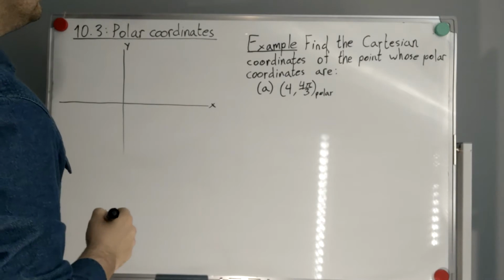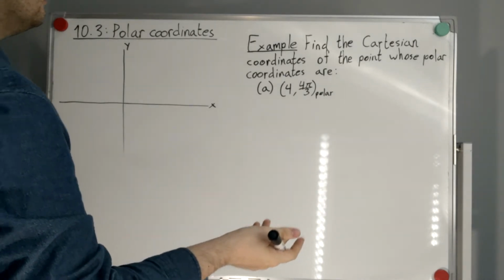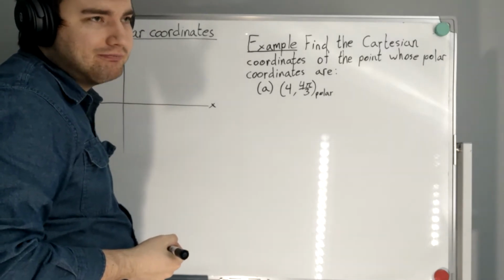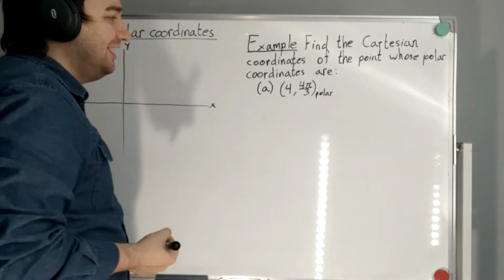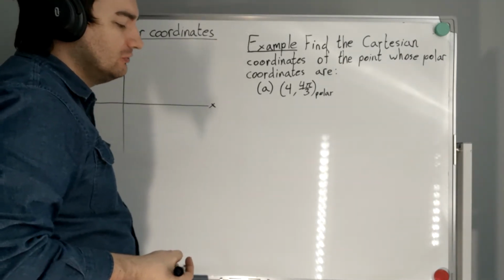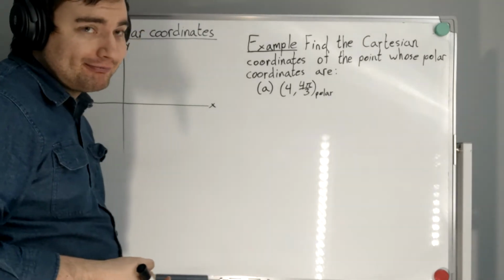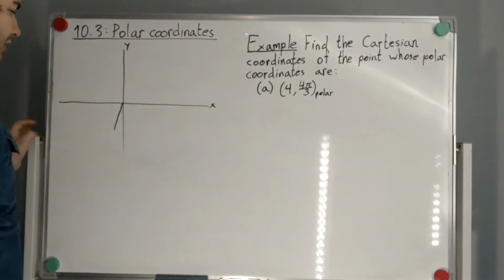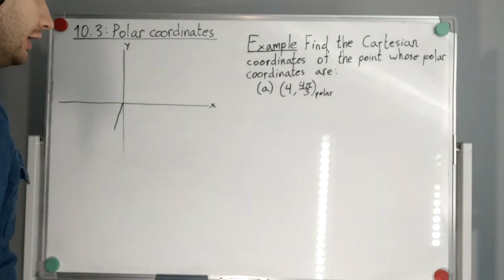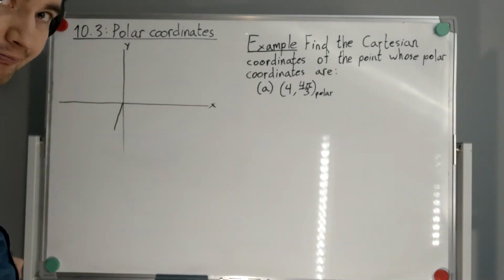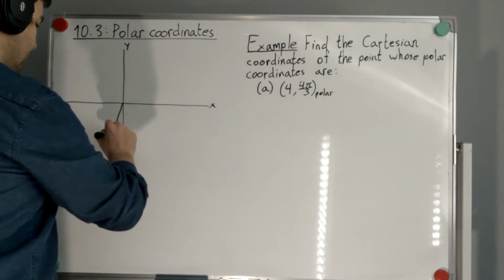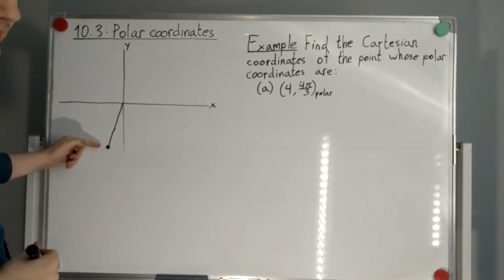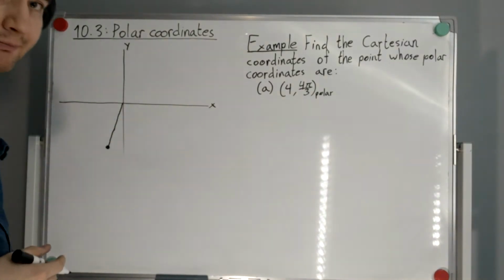So, 4 pi over 3 is 1/3 pi more than pi, and 1/3 pi is what we would call 60 degrees. So that's in approximately this direction or so. And specifically, we're talking about a distance of 4. Okay, so let's say this is the point. We have 4 units along this line segment, and this angle is 4 pi over 3.